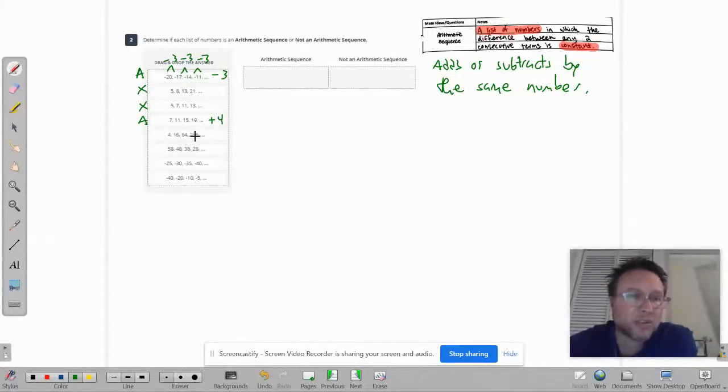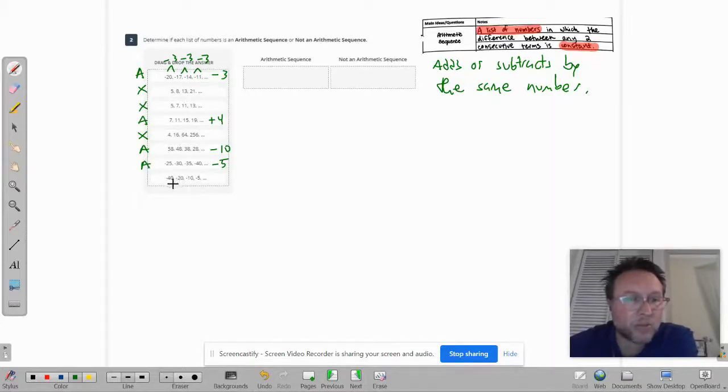4, 16, 64, that looks like it's being multiplied. Well, what we're looking for in arithmetic is only addition or subtraction, so that would not be an arithmetic sequence. 58, 48, 38, 28, that's going down by 10 each time, so that would be arithmetic. And then this is going -25, -30, that's going down by 5 each time. So in this case, that would also be arithmetic.